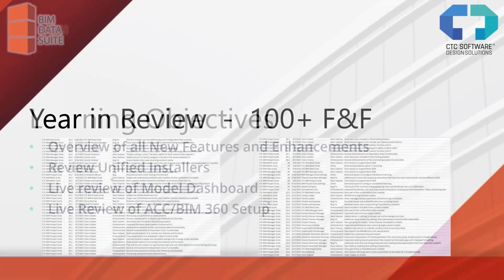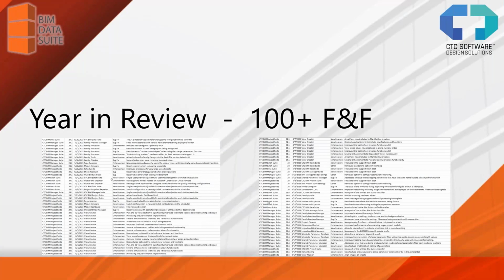So in the last 9 months, basically, we've added over 100 features and enhancements to the BIM Suites as a whole. And the BIM Suites, in this case, I'm talking about BIM Project Suite, BIM Manager Suite, BIM Batch Suite, and BIM Data Suite.